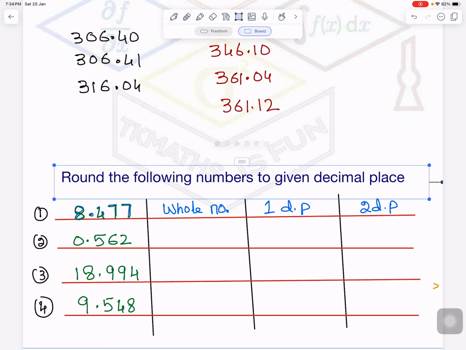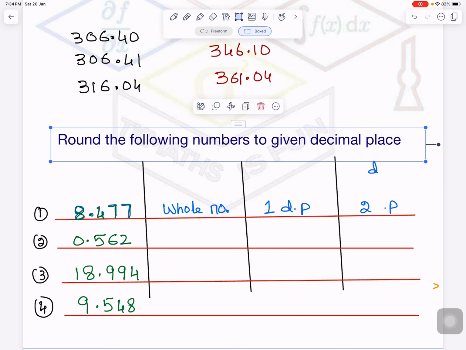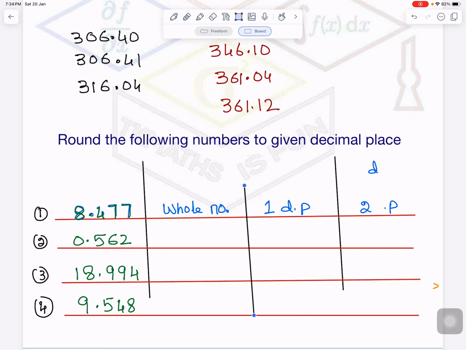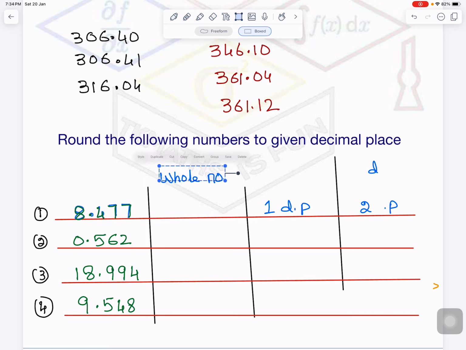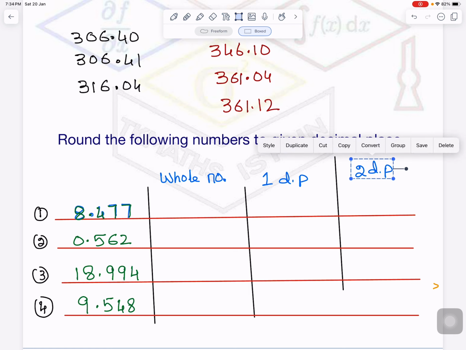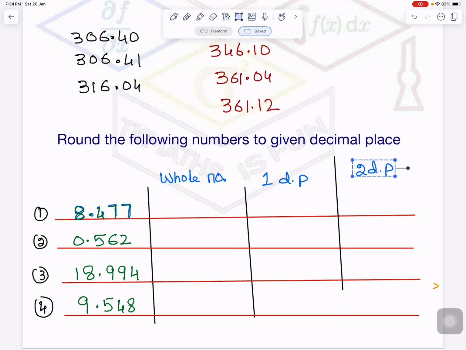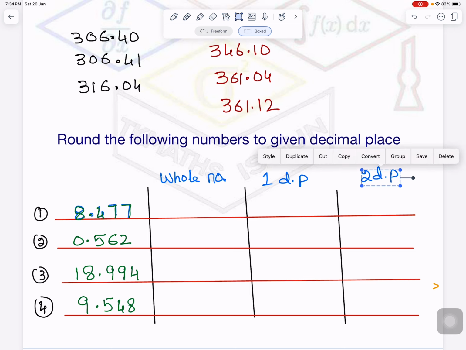Now let me just rearrange a bit because whole number should be written a little above so that I can write number here, right? Okay, so now the first number is 8.477.